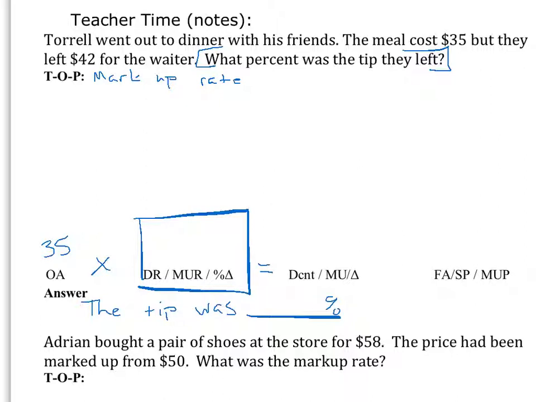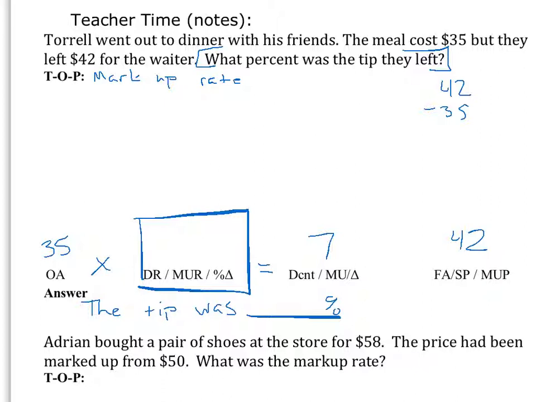Yeah, that's the final amount. So they left $42 in total, which means how much did they add for the tip? 7. So we could find that by doing 42 minus 35. They left a $7 tip.